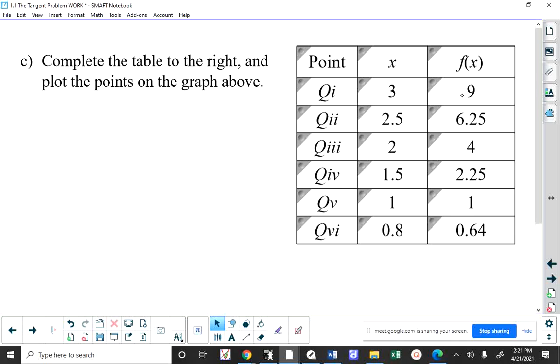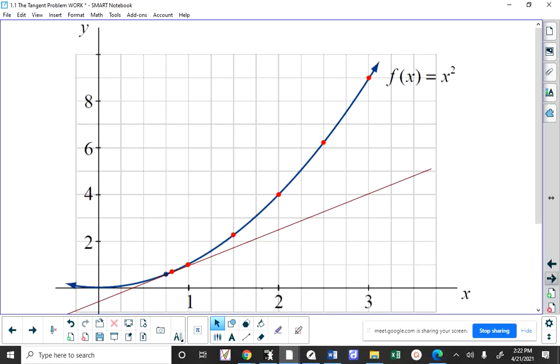So now we want to plot those points. Well, the nice thing about plotting these points is you really don't care what the y-coordinate is just yet. If you want to plot the point where x equals 3, you just go over to x equals 3 and you plot that point on the curve. So you're going to have these points. And believe me, what we're about to do is not how you would do this problem.